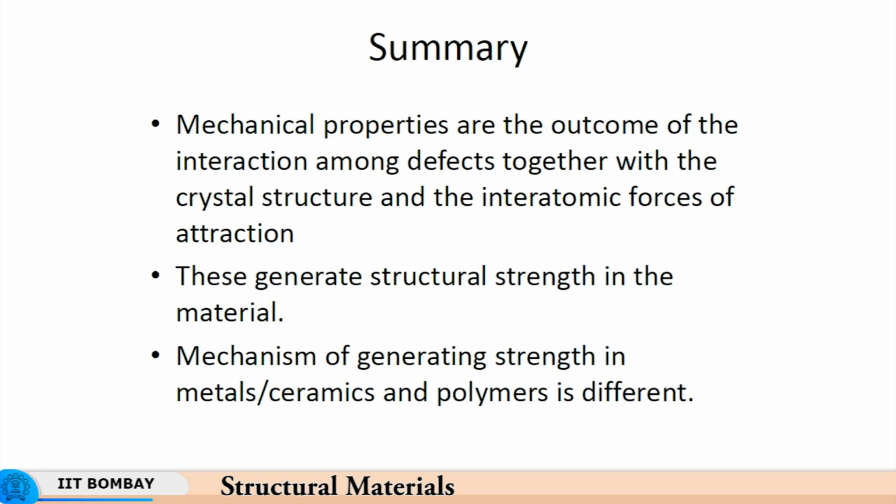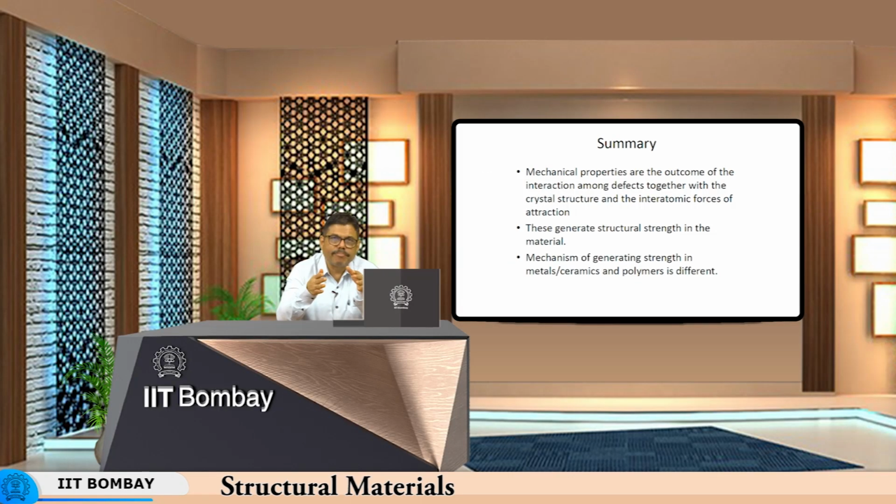So, the mechanism of generation of strength in metals has a wider scope. You can generate materials of different strengths by controlling the extent of defect density and their interactions, whereas in case of ceramics, the chemical compound that forms is the only thing that governs the strength.